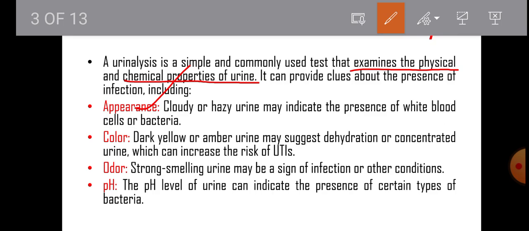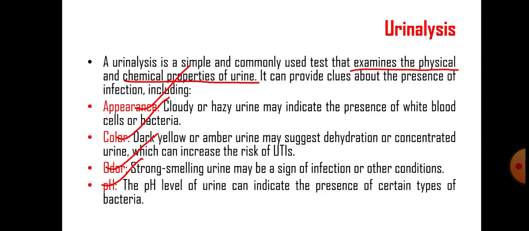In the next slide I will show the different colors of urine collected from a patient suspected to have urinary tract infection. Color of the urine, odor of the urine, in the sense smell, and pH of the urine. These are the properties analyzed in the laboratory to confirm whether the patient is carrying the potential pathogenic agent associated with urinary tract infection.